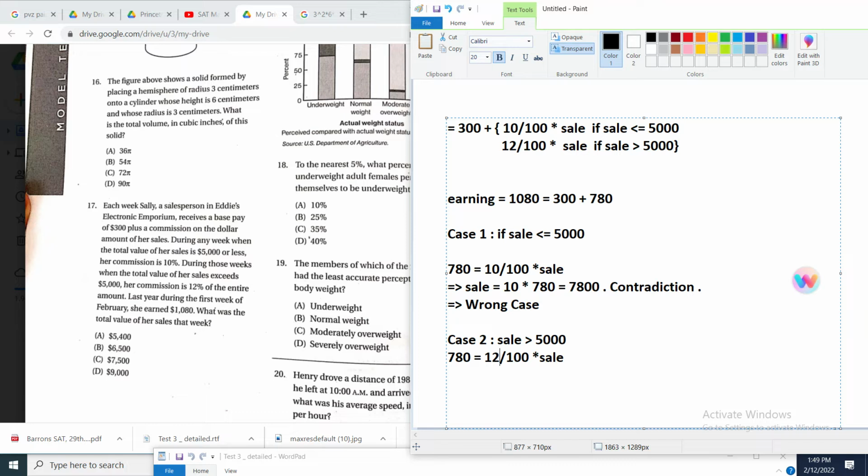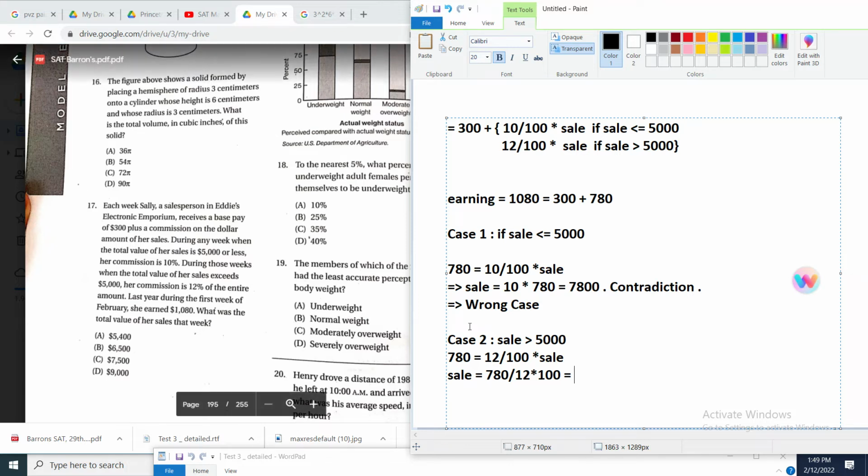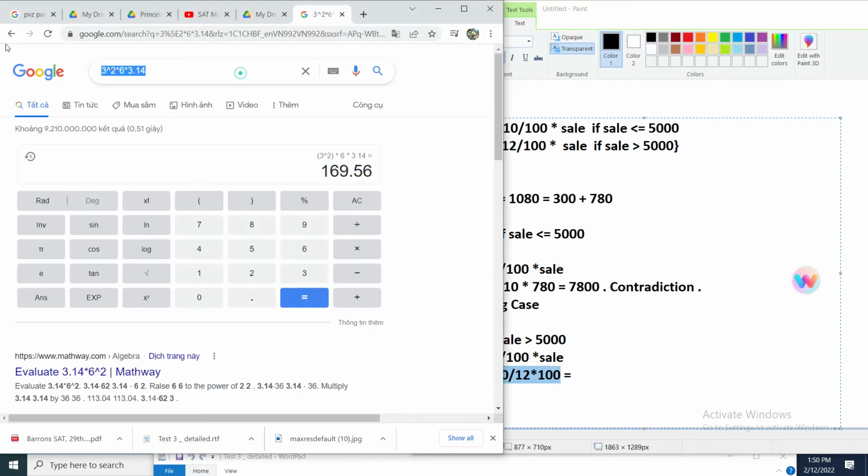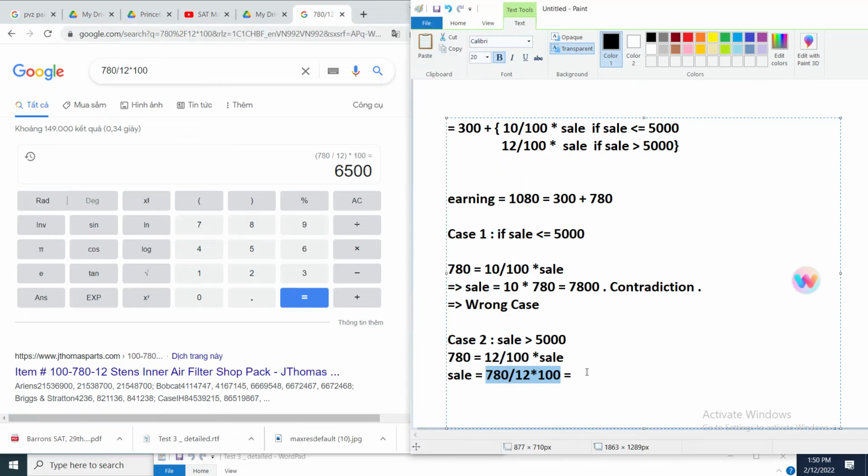So we can figure out the sale now, because sale is gonna be 780 divided by 12 and multiplied by 100, which gives us 6,500.